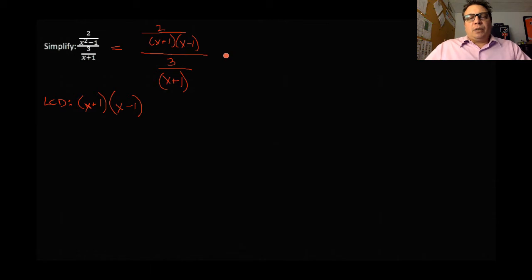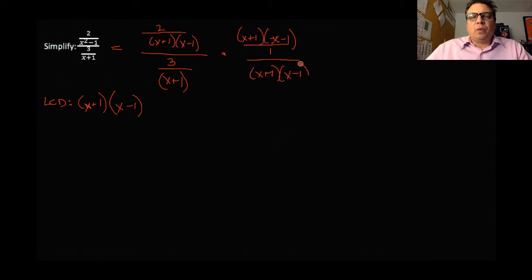So now what I do is I multiply both numerator and denominator by x plus 1, x minus 1, and I'm going to say that that's over 1 just to make my life easier. And down here, x plus 1, x minus 1, all over 1, again, to make my life a little bit easier.